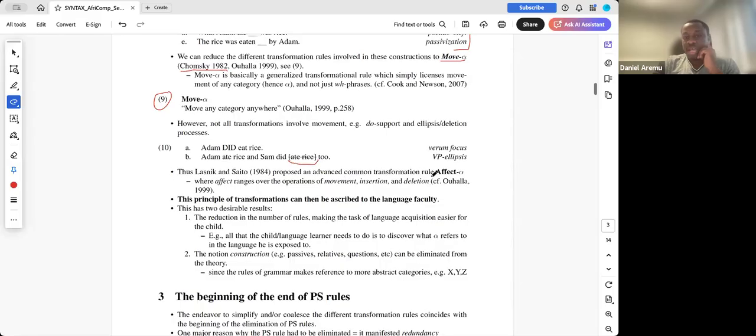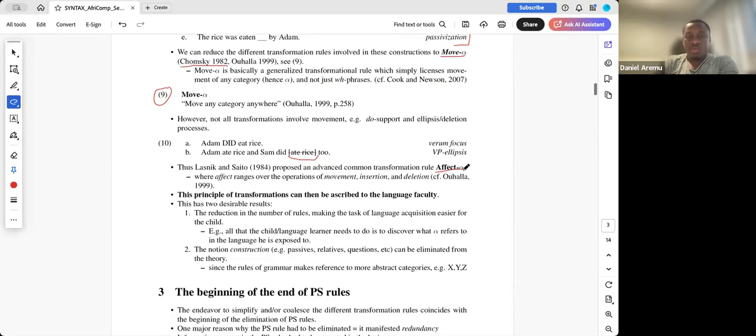And because of this, Lasnik and Saito proposed that we can actually develop move alpha into what we can call affect alpha, where affect ranges over the operations of movement, insertion, and deletion, for example. So this covers not just movement, it covers insertion like do support, it also covers deletion like ellipsis.